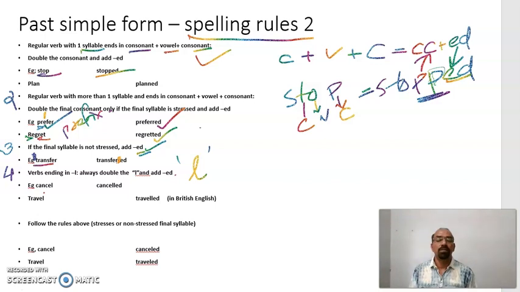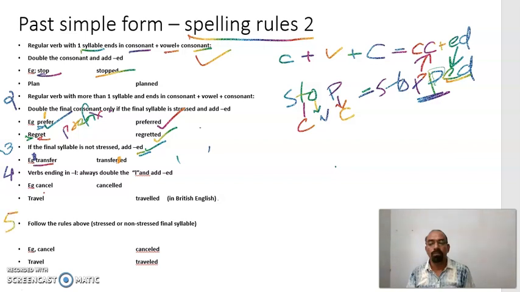All the words, especially in British English, the words ending with L, to get its past tense, we have to double the L and add ed. Example, cancel, cancelled, travel, travelled. This is with British English.